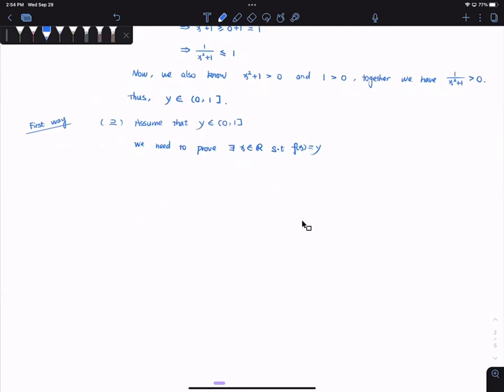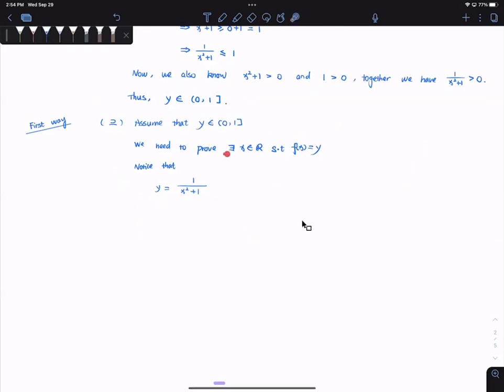Here, how do we prove it? We notice that if you have a girlfriend and she's not fake, she's not imaginary, then you have y equals f of x. So this is kind of like rough work.